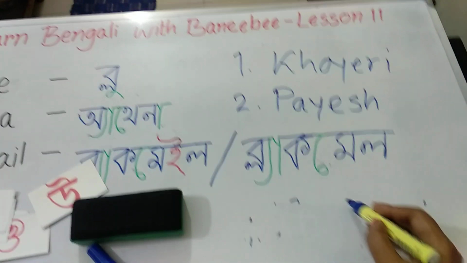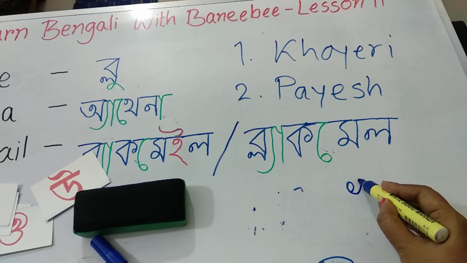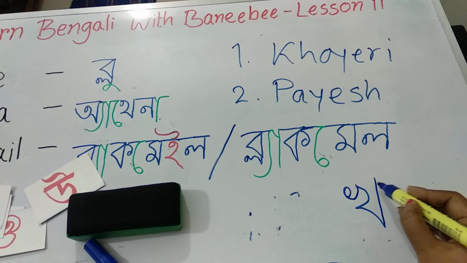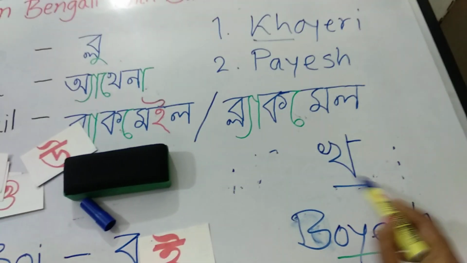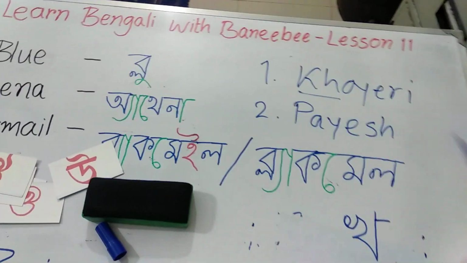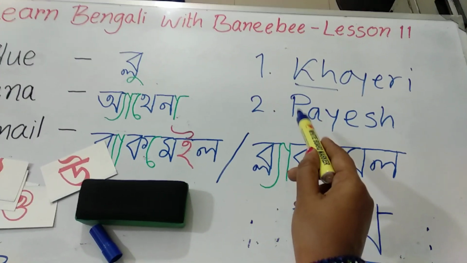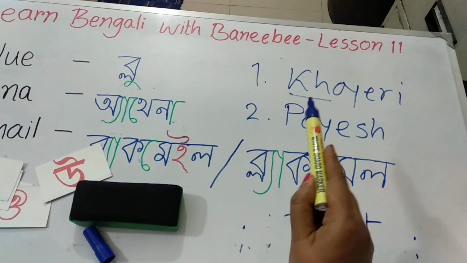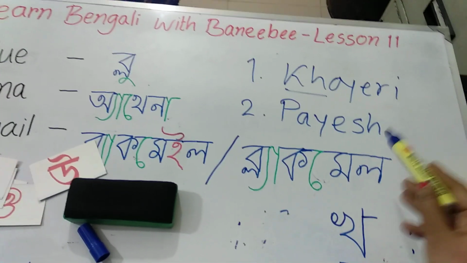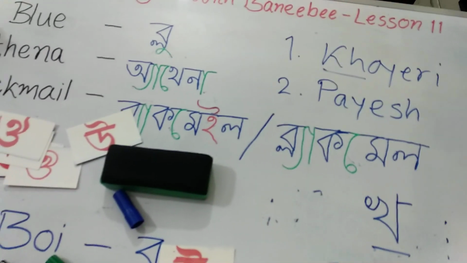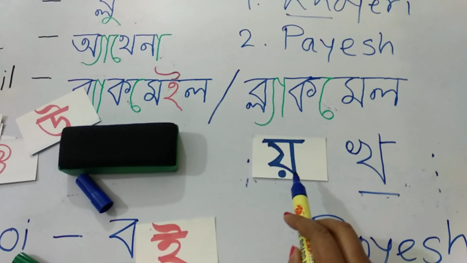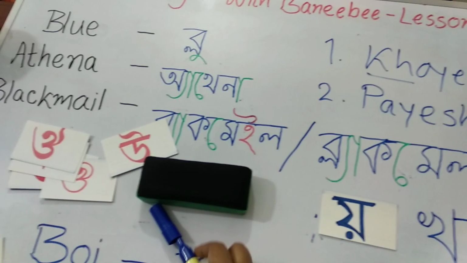Kha is like this. Kha. So this is kha. Okay. So you will need this kha. You know pa. In one of my previous lessons, I have taught you that. You have the shaw. This is the shaw. And then you have this new letter that you are going to use for the homework.